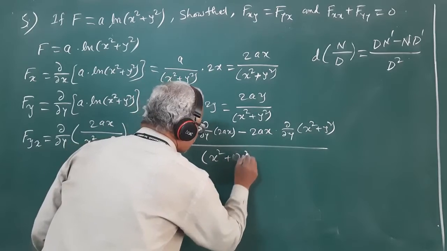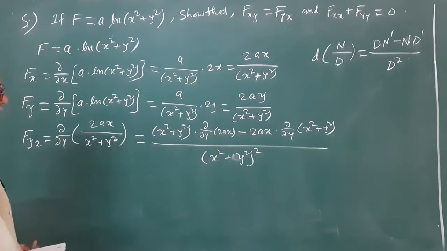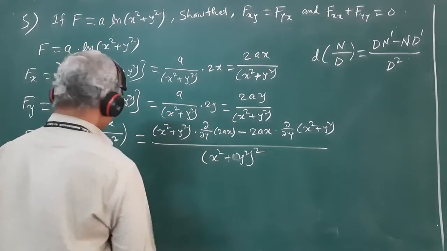Denominator is x square plus y square in brackets. So this term will vanish.